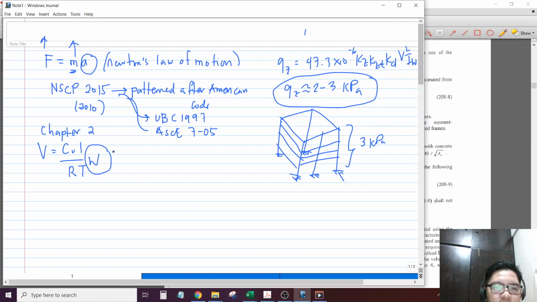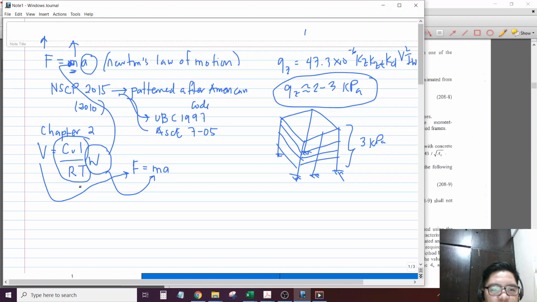W is actually your mass. Ulitin ko na nga lang. Force equals mass times acceleration. W is actually your mass. Therefore, V is actually your force. And this whole coefficient here is your acceleration. See? So, ito yung itsura niya sa code natin.